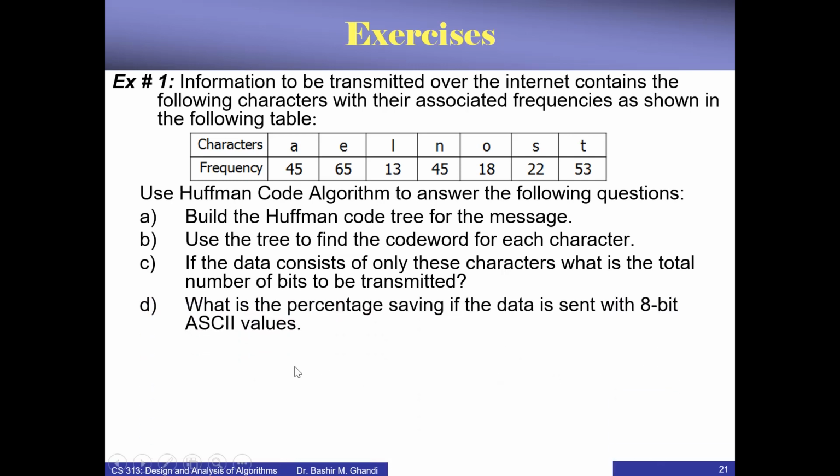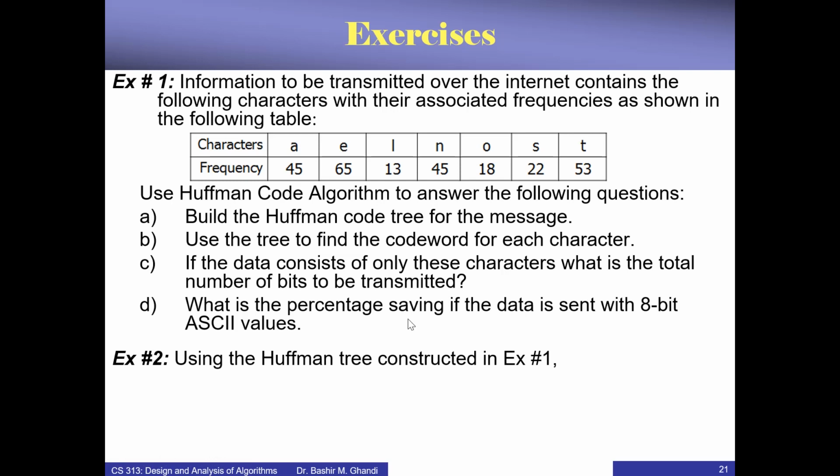The next question is asking you to compare between what you did here and what will have been sent using ASCII. What is the percentage saving if the data is sent with 8-bit ASCII values? That is the first question.